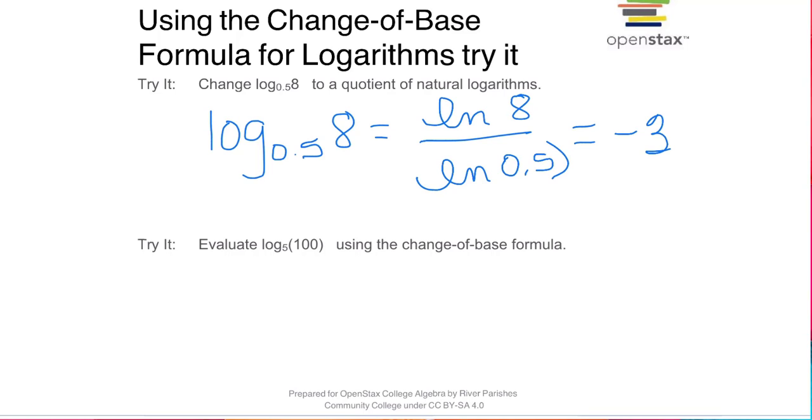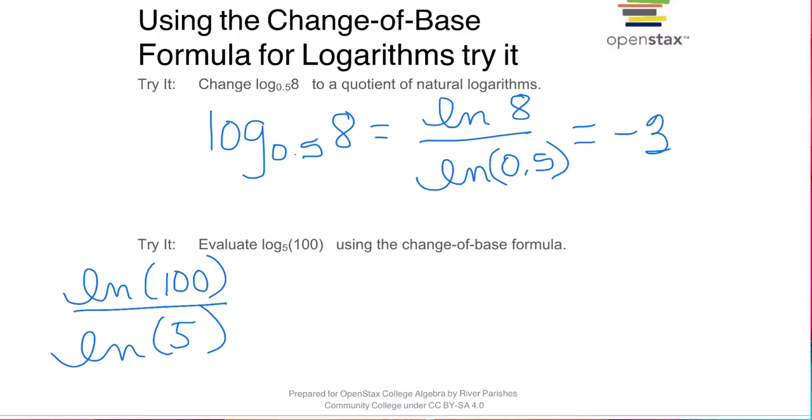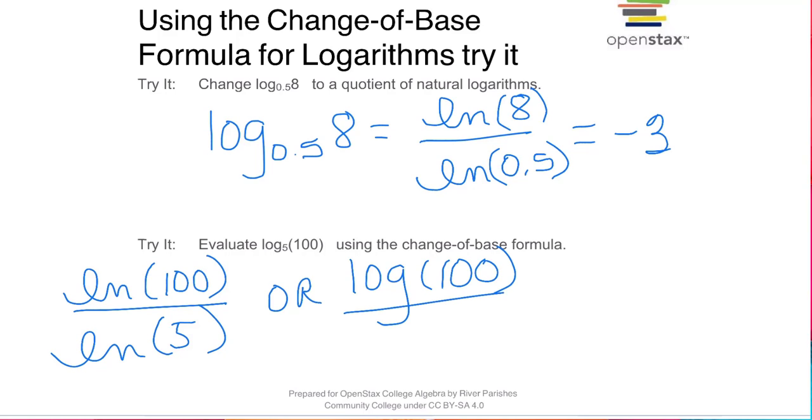Let's look at the next one. It says evaluate log base 5 of 100 using change of base formula. So I could either do natural log of 100 divided by natural log of 5. Oops, probably should have put parentheses there. Or I can do log 100 over log 5.